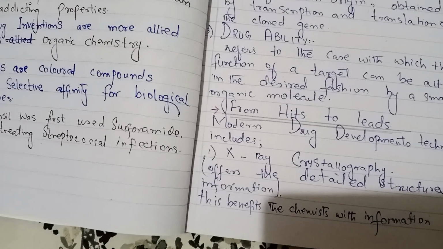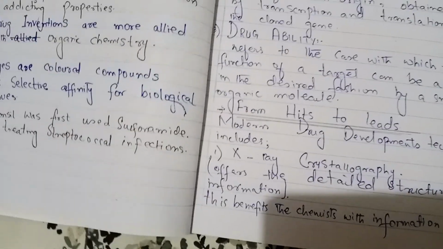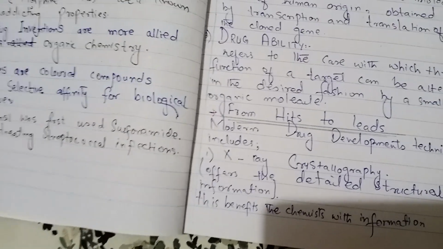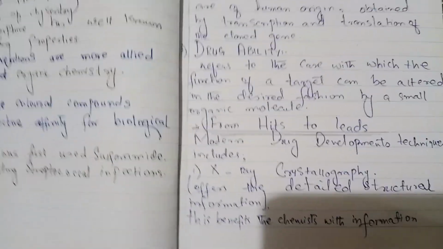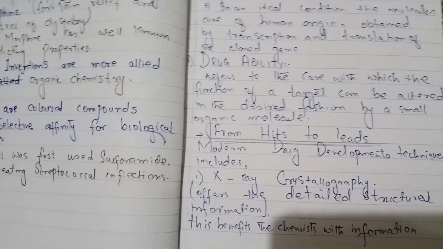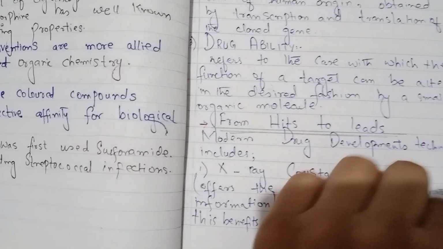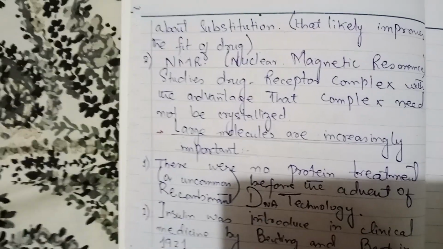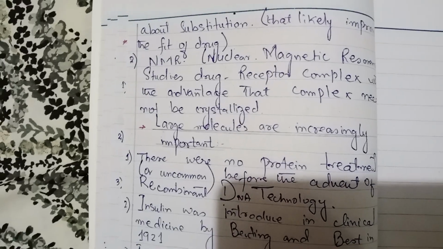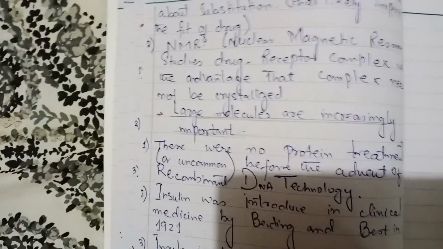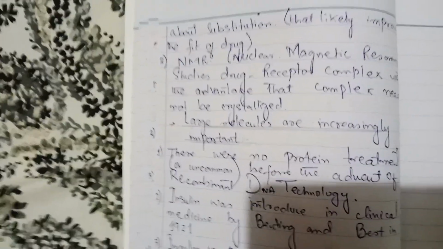This is basically instrumentation, and you will learn it in the instrumental subject. This benefits the chemist with information about substitutions that likely improve the fit. NMR, nuclear magnetic resonance, studies the drug receptor complex and has the advantage that it can be used for molecules that cannot be crystallized. Large molecules are increasingly important.